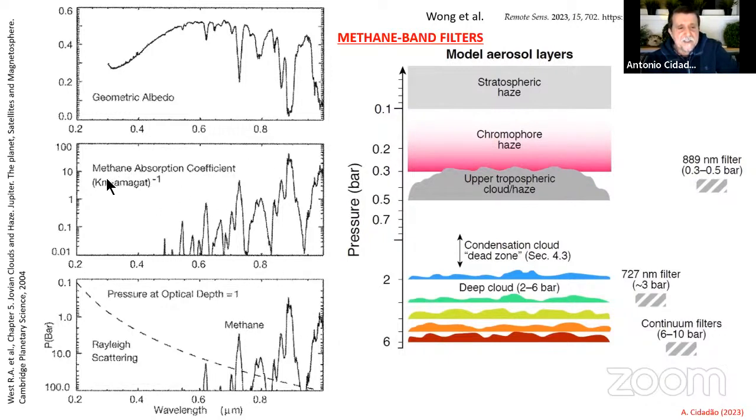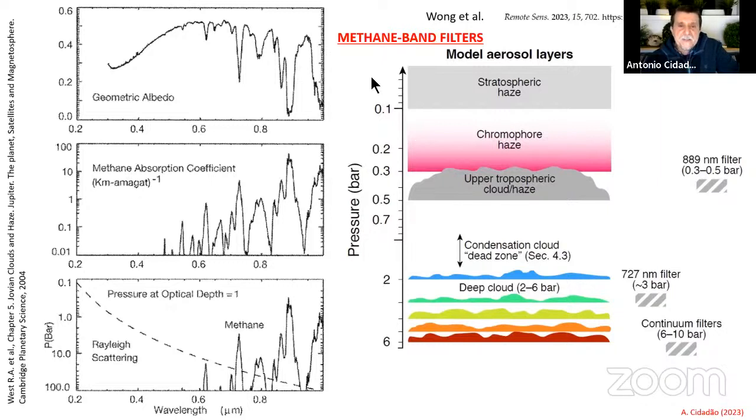This is related to the different methane absorption coefficients, which vary along the spectrum. Also, this model of the cloud distribution and characteristics along the various heights in the atmosphere is characterized by decreasing pressure from the troposphere to the stratosphere.